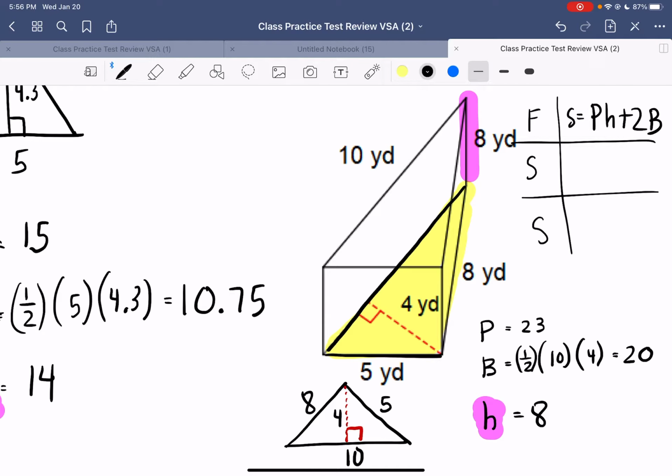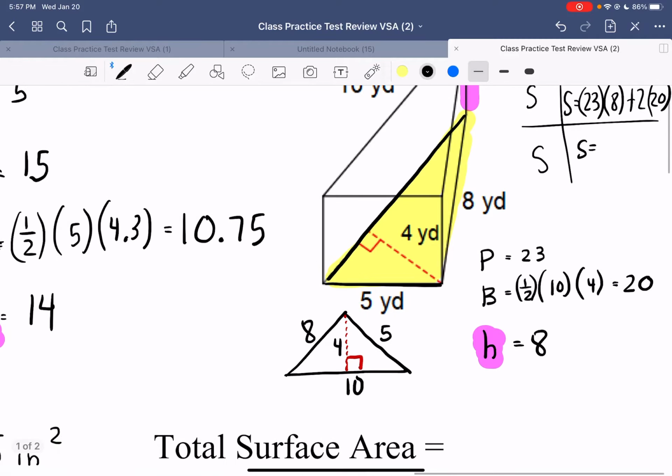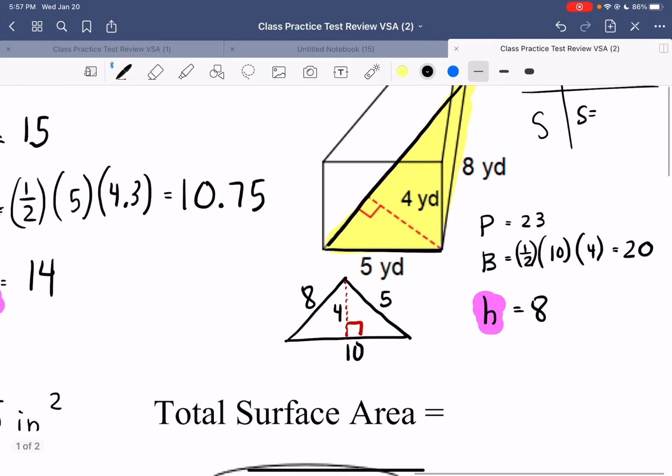So now we can substitute those numbers in. S equals 23 times 8 plus 2 times 20. That gives us a total surface area of 224 yards squared.